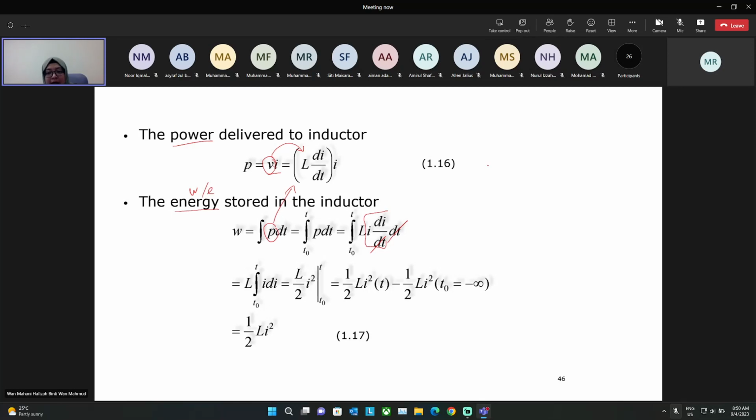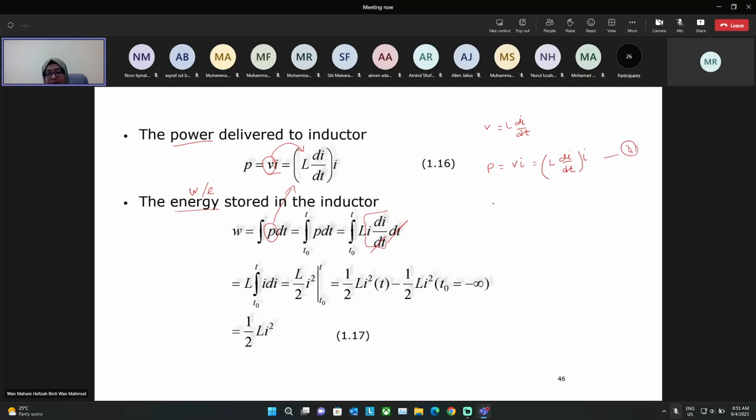Let me show you once again. P equals V times I. But V, we know that V equals L di/dt. We can substitute. This is the fourth equation, for power.